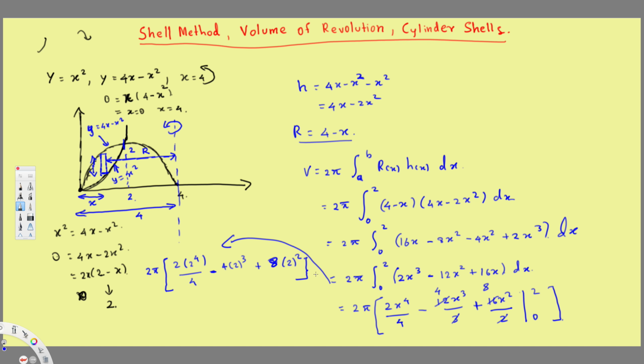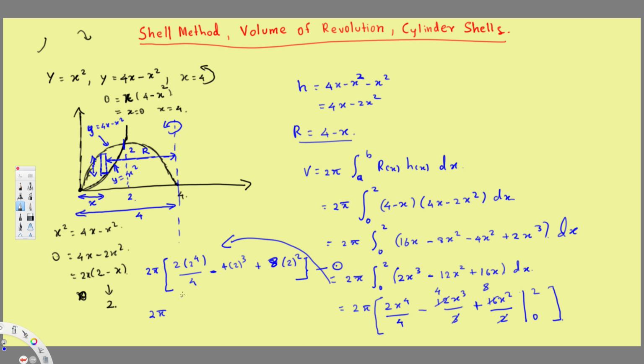And the lower limit, if I subtract it, is 0, because if I apply 0, the whole thing is going to be 0, so that doesn't make any difference.